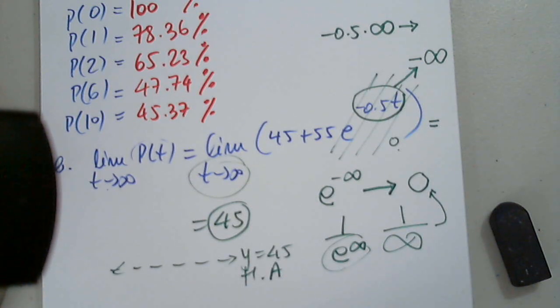We know this function, in chapter 3, has a horizontal asymptote at 45. It cannot be above. As x approaches infinity, the value of the function gets closer and closer to 45. This is not possible.